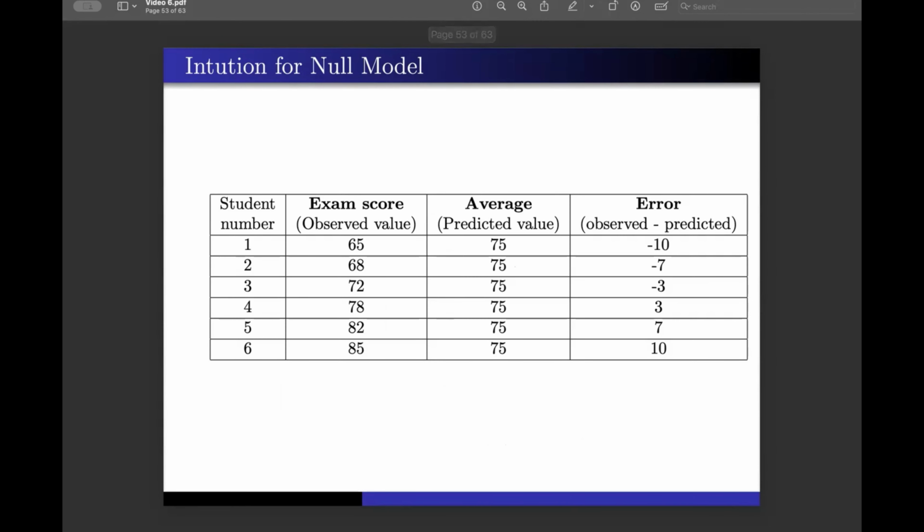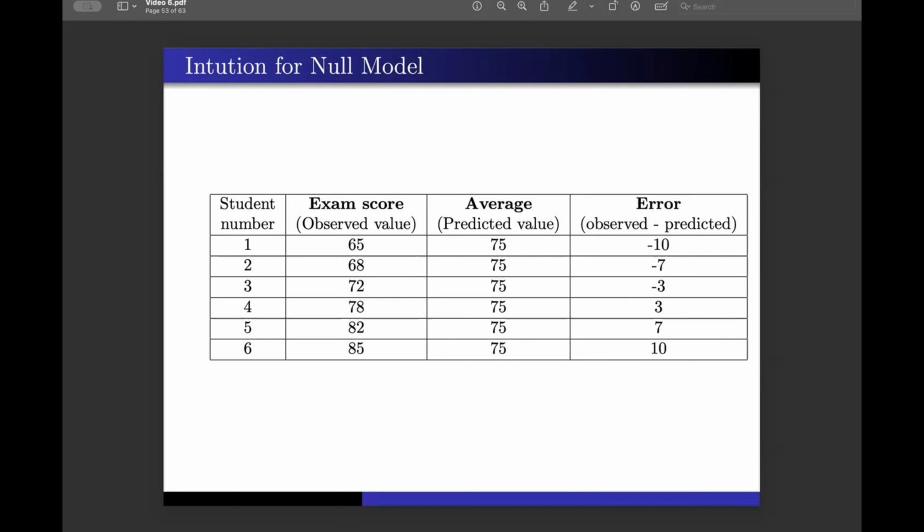Let's try to calculate the error for each observation. For the first observation, the exam score of the first student is 65. What we predicted is 75. So the error is the difference between the observed and the predicted. Error is defined as the observed minus the predicted value, which will be negative 10, because 65 minus 75 is negative 10.